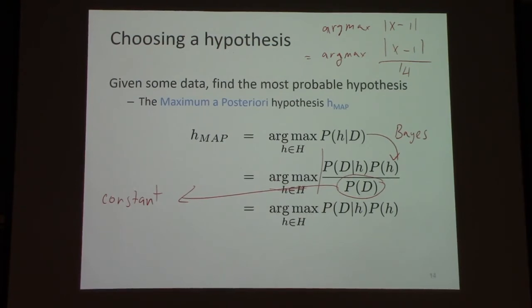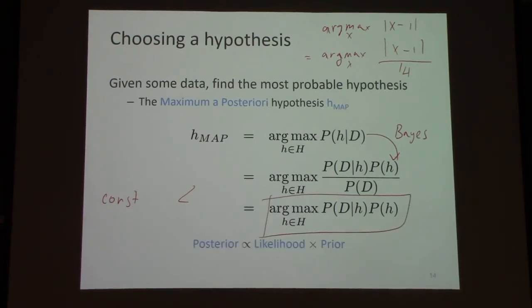So the denominator is just a constant with respect to the thing that you are maximizing over. So we can get rid of the denominator, and that gives us what is often seen as the standard form for MAP learning.